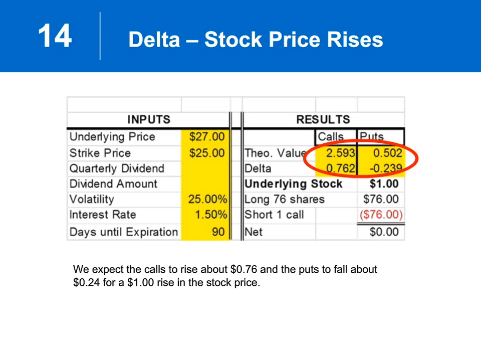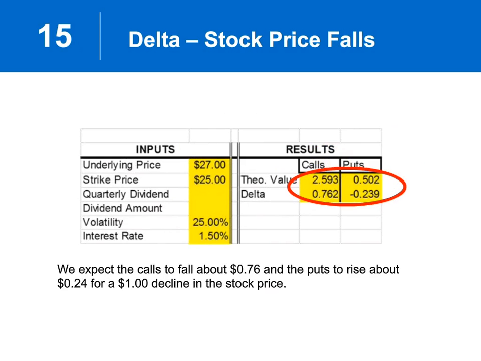So as the stock goes up a point, we would expect the value of that option to increase by 76 cents on the call side and decrease by 24 cents on the put side. That's how these Greeks can be so valuable. They can allow you to forecast.